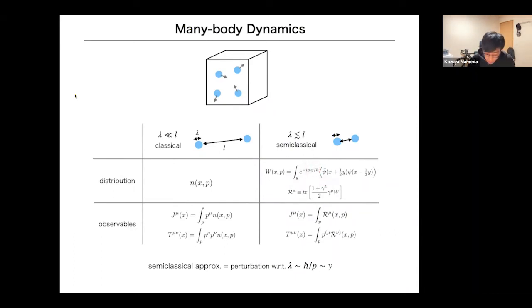And y is a conjugate quantity of p, which means this scale is the same as y. So hereafter, in order to get the semi-classical theory, we use the perturbation with respect to this quantity y, or h bar over p.